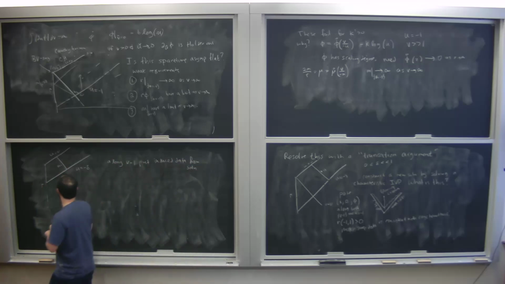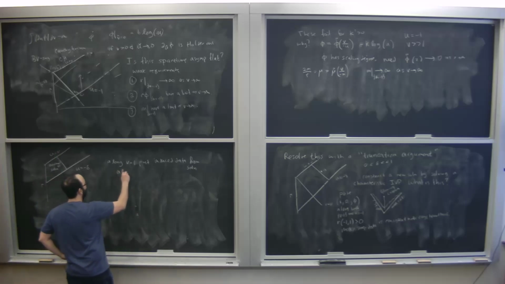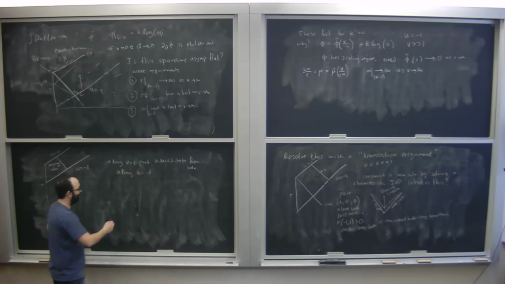Here I'm going to put my original solution, and I need everything to be smooth up to there. So I'm just going to put whatever the limits of r, omega, and phi are there. And then along u equals this, I'm going to glue.